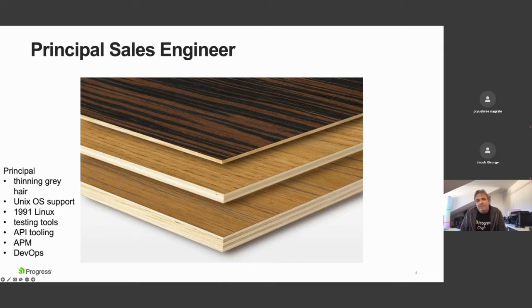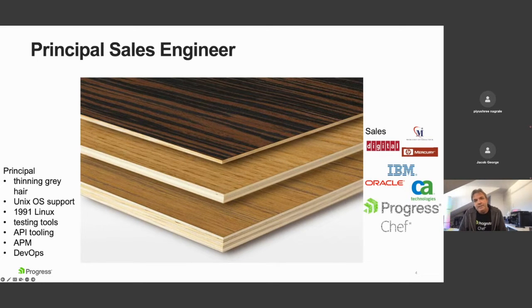From there, I migrated to automated testing tools, API tooling, virtual services, APM, and all things around DevOps for all that time. So that's what principal means. Just been doing this for an awfully long time. The sales bit of principal sales engineer means I've worked for a lot of companies in that time. Blast from the past is the Digital logo.